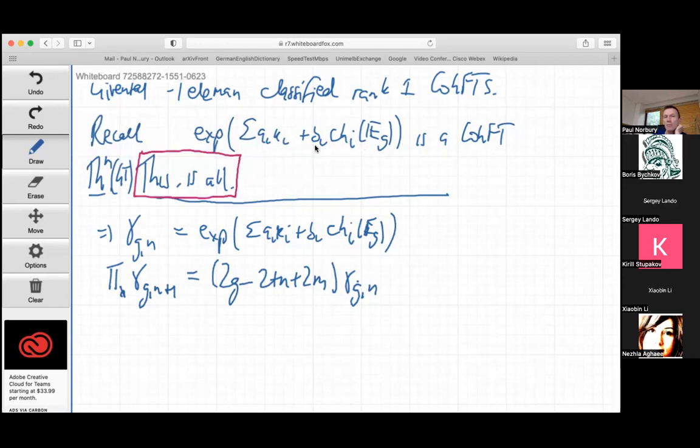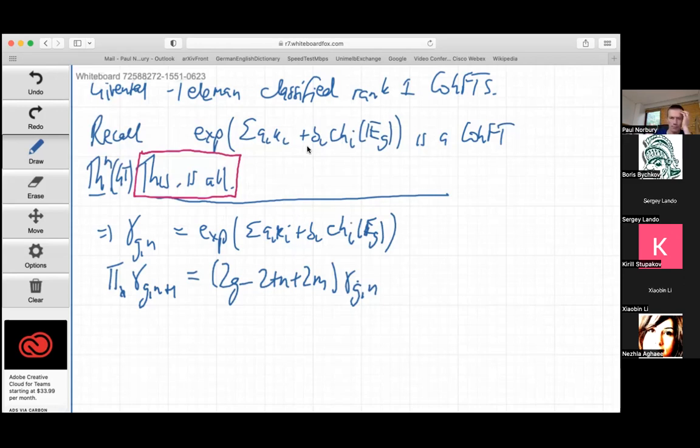Choose any A's and B's, and you get an example. The theorem is if you are a rank 1 cohomological field theory, you must be of this form. There are no others. So classification in this case means, can you tell me about all cohomological field theories? And the answer is, why, yes. You just need to find numbers A and B.